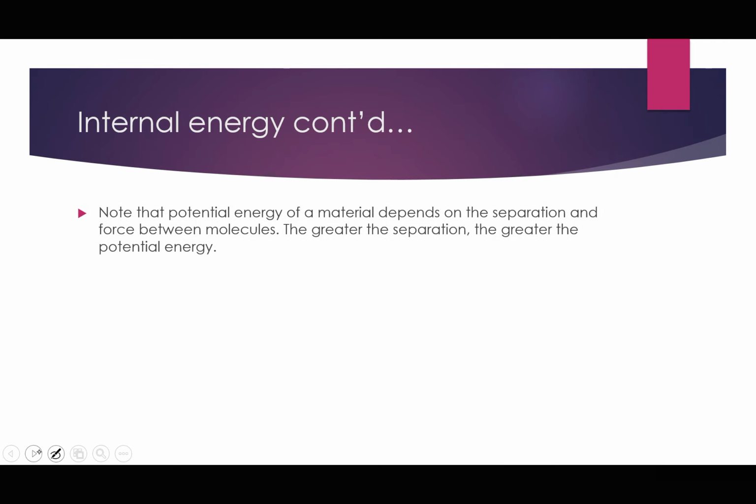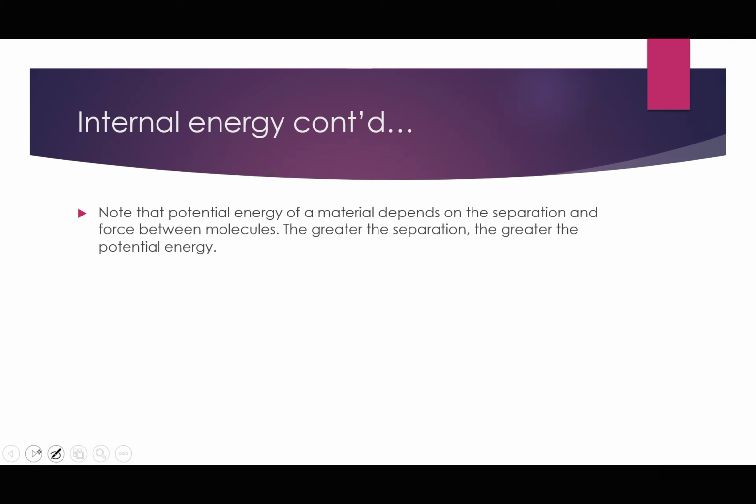Okay, so here is a simple conclusion that you should note from what I've been saying. Note that the potential energy of a material depends on two things: the separation and the force between the molecules. Many times when the separation is small, the force between the molecules is large.